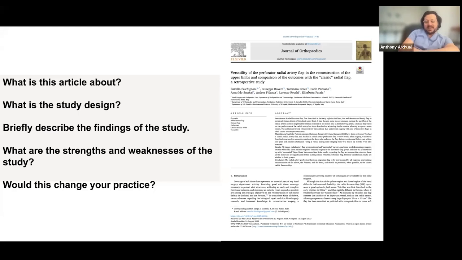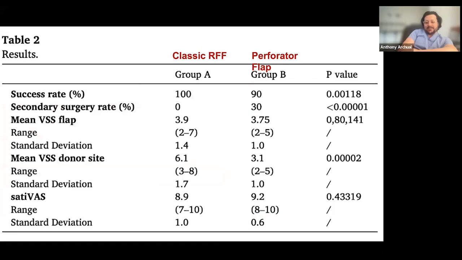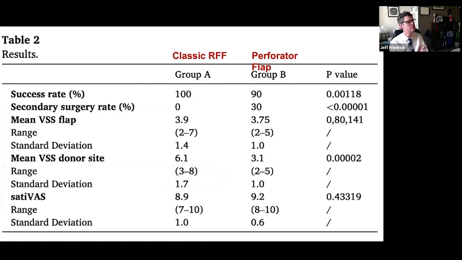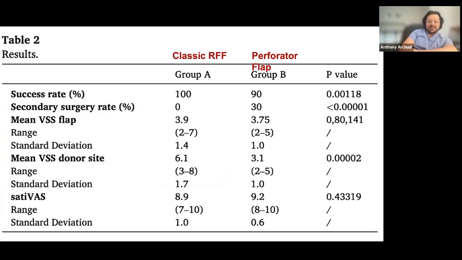So it's a head-to-head comparison of the radial artery perforator flap and a more traditional radial forearm flap. And there's 10 patients in each group. For some reason, they call them Group A and Group B instead of just radial forearm flap and perforator flap. But that's what they're comparing.